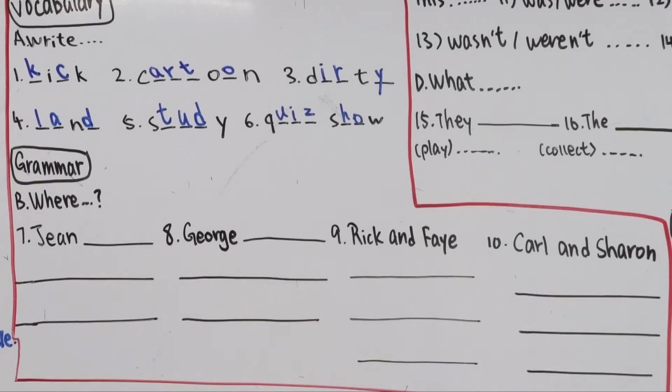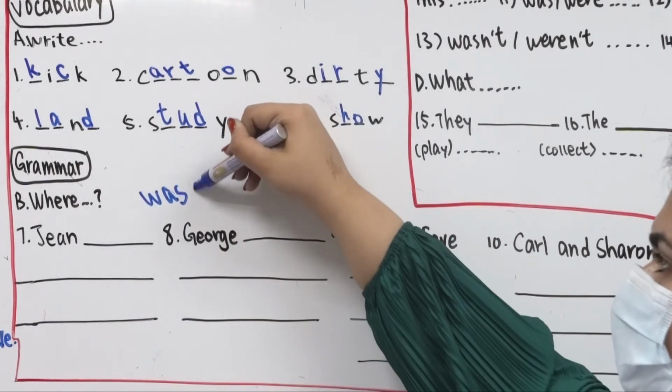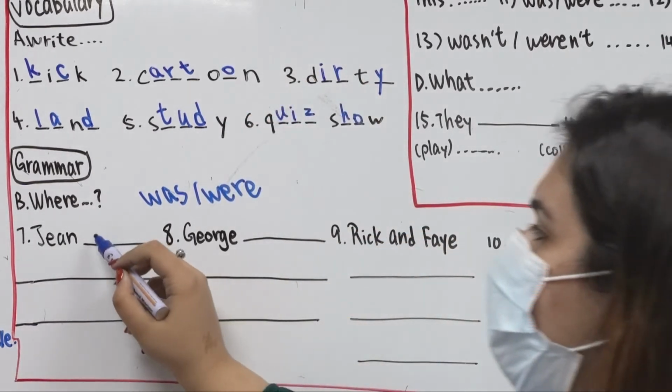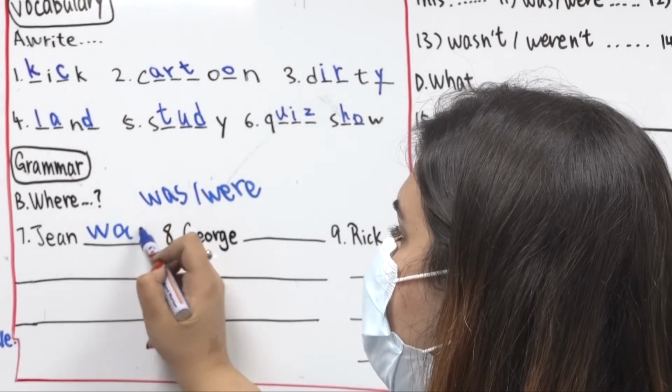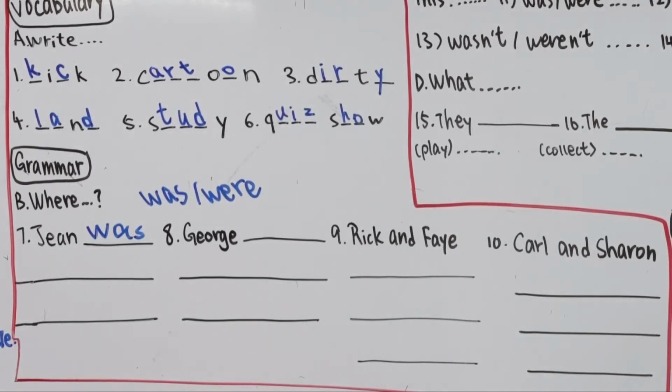So be careful when you use was and were. Okay, and then fill them in. Please write the correct sentence. Let's do number 7 together maybe. So for example, one person, Jean. Do we use was or were for Jean? That should be was, right? Because Jean is one person. Where was she yesterday?